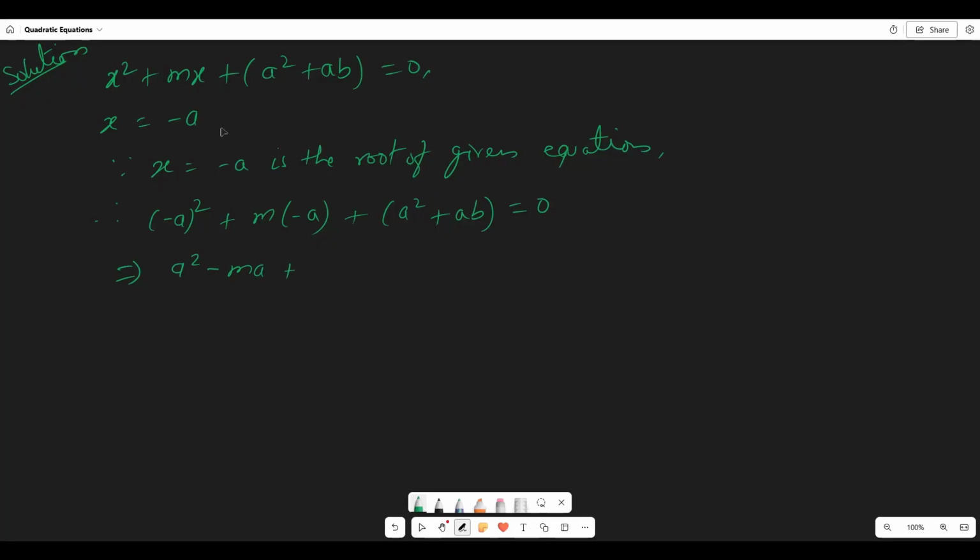So what we get here: this a square and here a square, these two will be combined, this will become 2a square plus ab minus ma equals to 0.